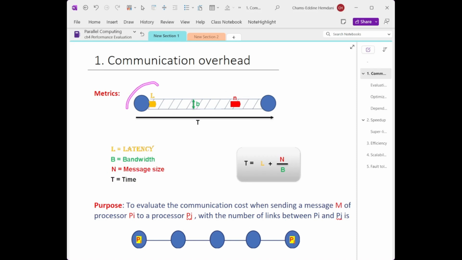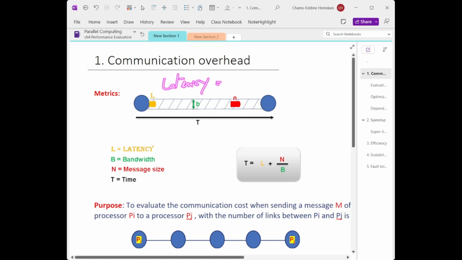The latency is the time it takes for a message to travel from here to here, not including the size or the bandwidth. It's like we are considering an empty message.